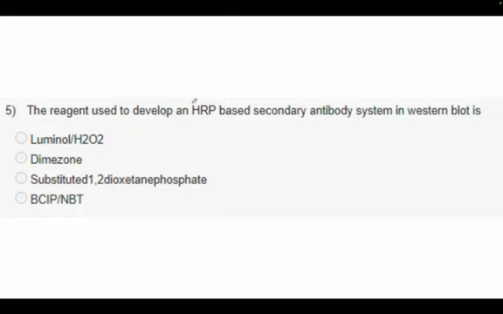The reagent used to develop HRP-based secondary antibody system in Western blot is luminol and H2O2. So HRP is horseradish peroxidase, which requires peroxide as a substrate, which is H2O2.